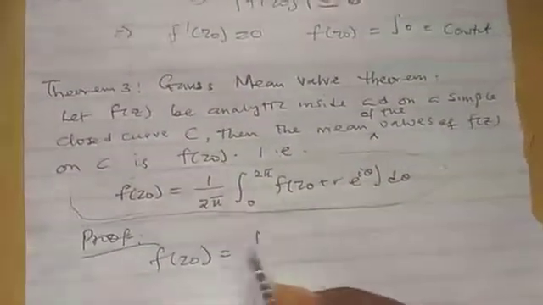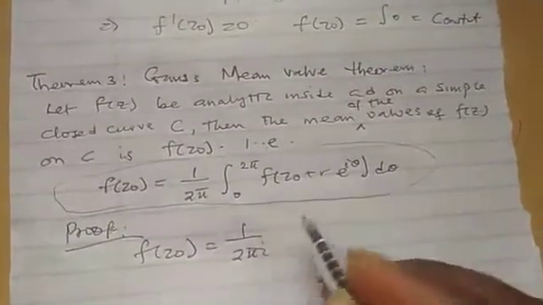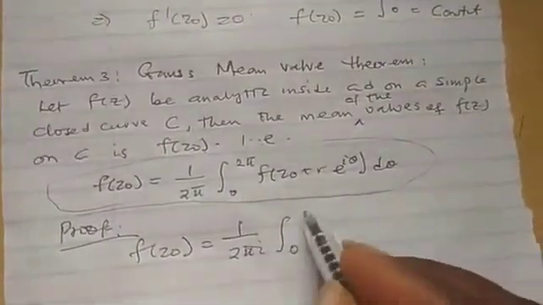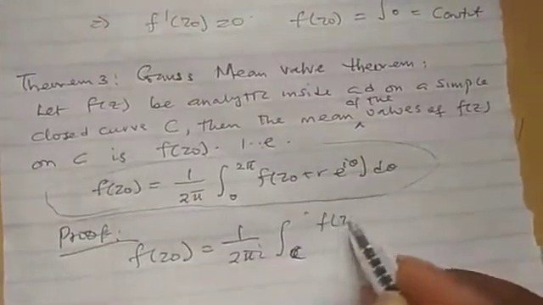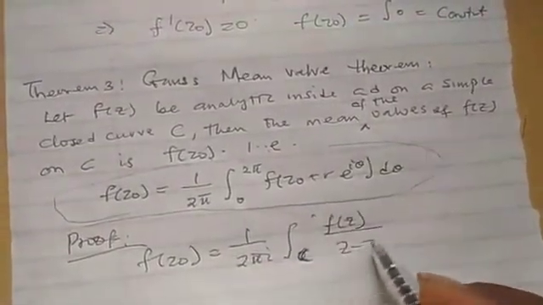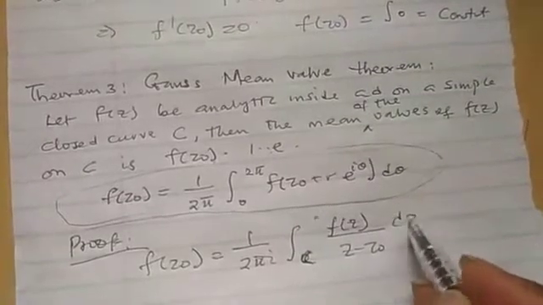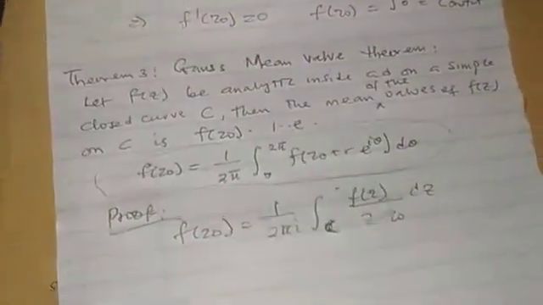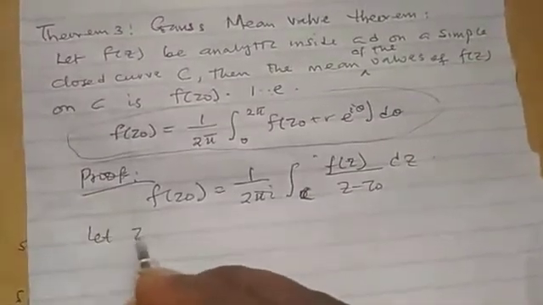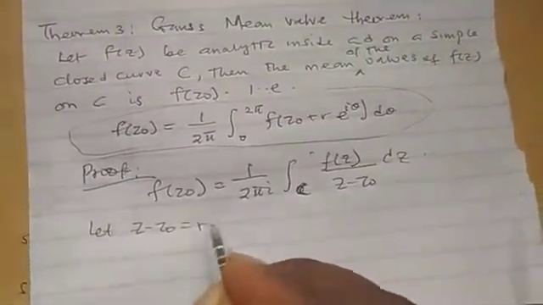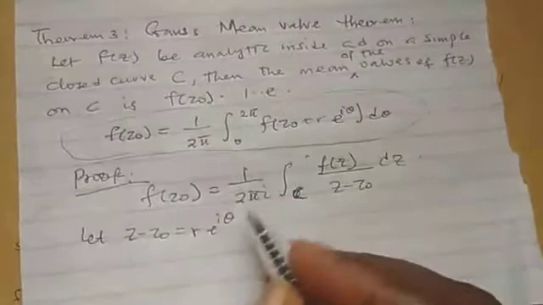f of z naught is 1 over 2 pi i, integral over C of f of z over z minus z naught dz. We recall this. As usual, we let z minus z naught be r exponential i theta.